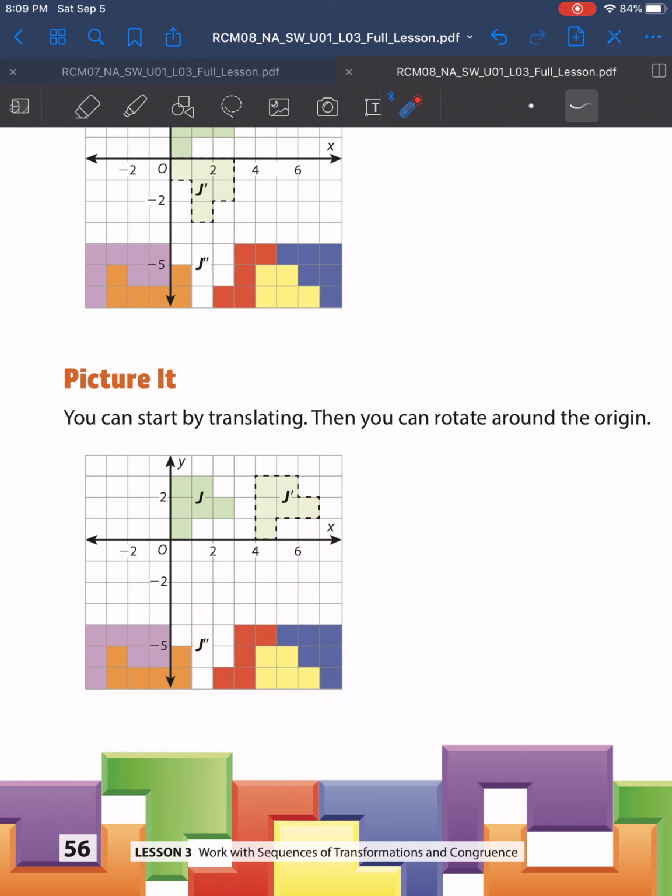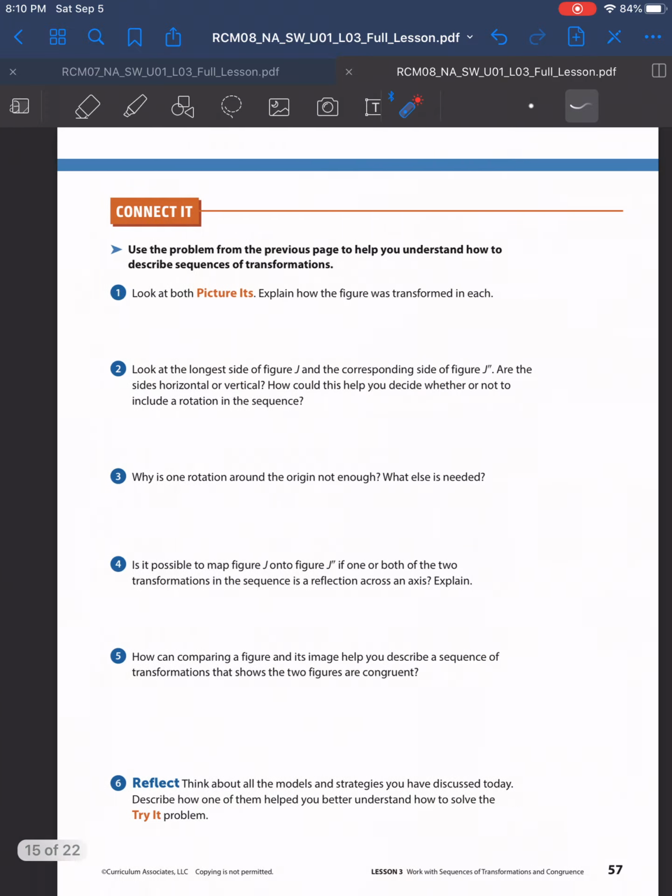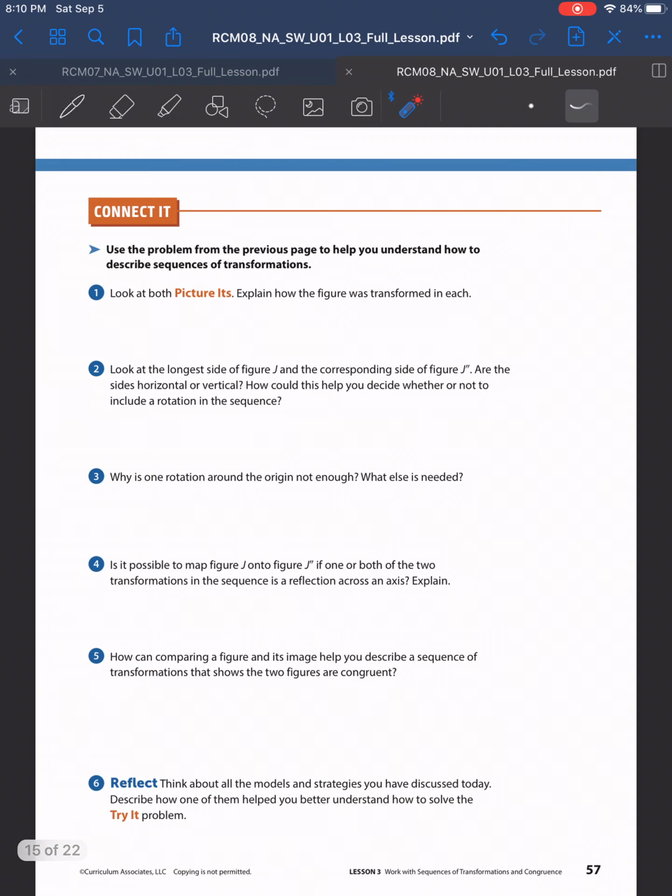So mathematically speaking, yes, you could translate it 4 units to the right, and then rotate it 90 degrees clockwise about the origin, and it would fit in there. But if you're thinking Tetris style, if this was rotating, boom, it hit those blocks. So that's why I'm not a huge fan of this option, because the gamer in me says, no, that's not going to work.